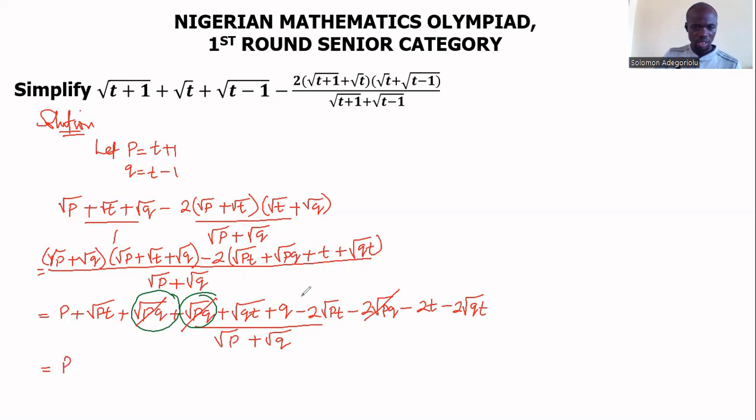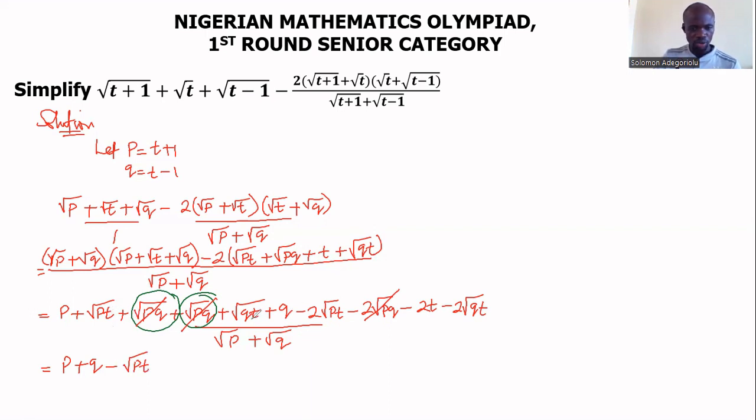We have P, and I can bring the Q here, that becomes plus Q. Here is root PT, and we have a negative 2 root PT here. Root PT minus 2 root PT gives us minus root PT.